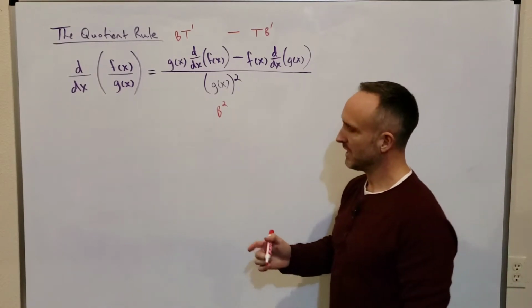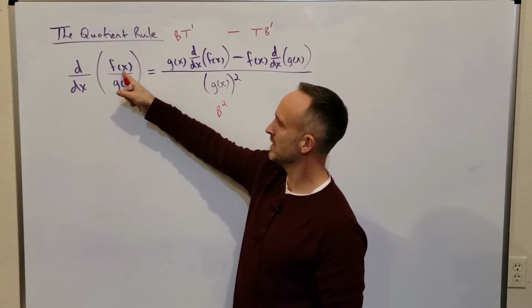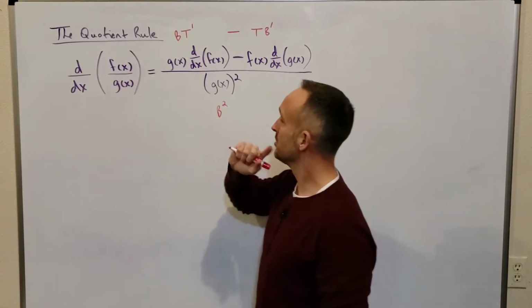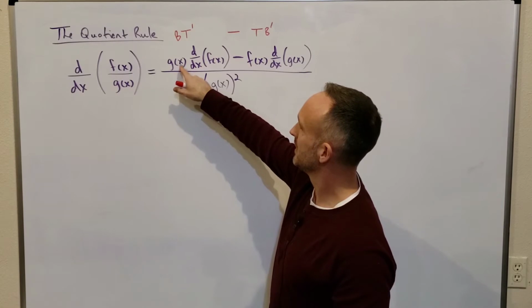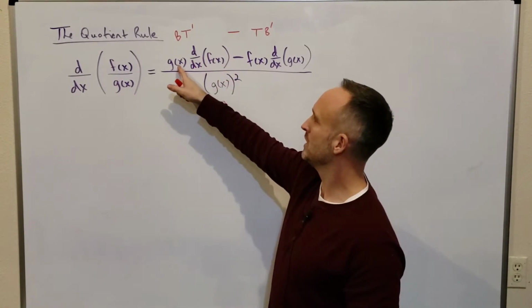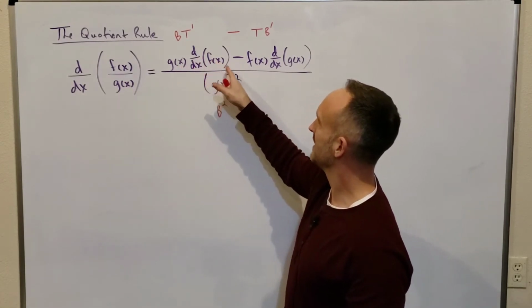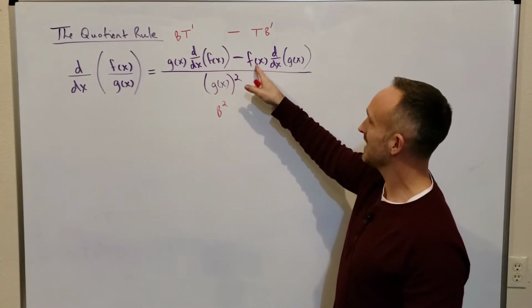Another way is some people describe this as the low, the bottom is the low, and the top is the high. So in this mnemonic device you say low d high, d for derivative, low d high minus high d low.